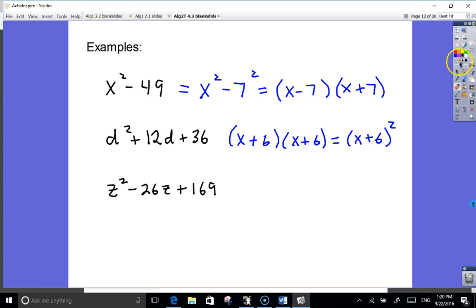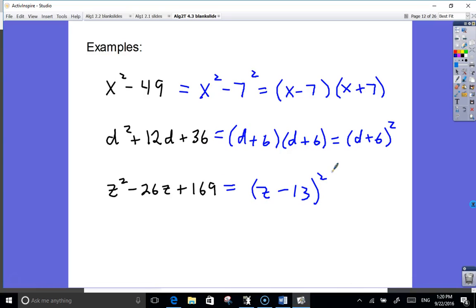So that is d and d and d. And this last one should be z minus 13 squared.